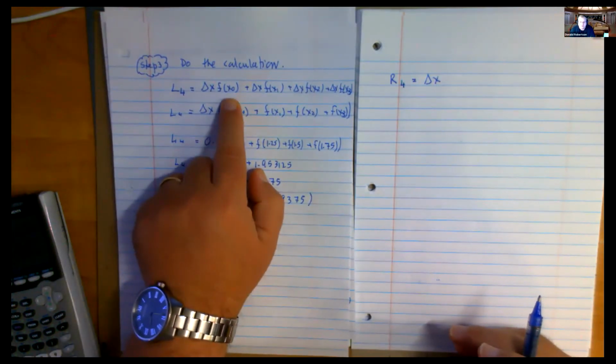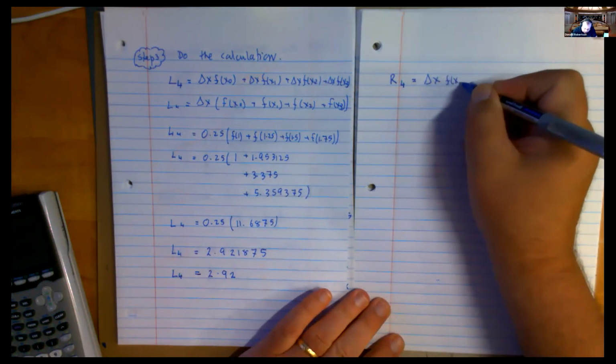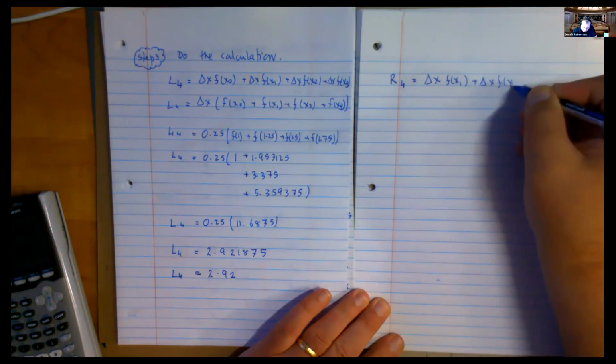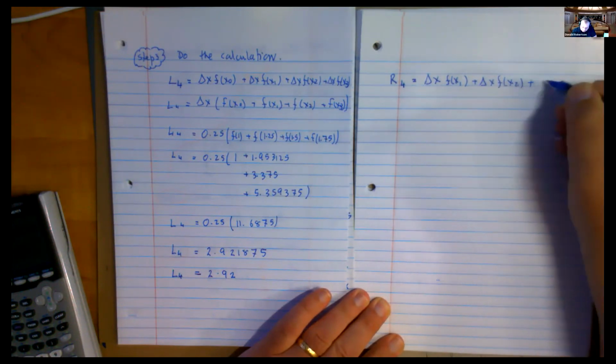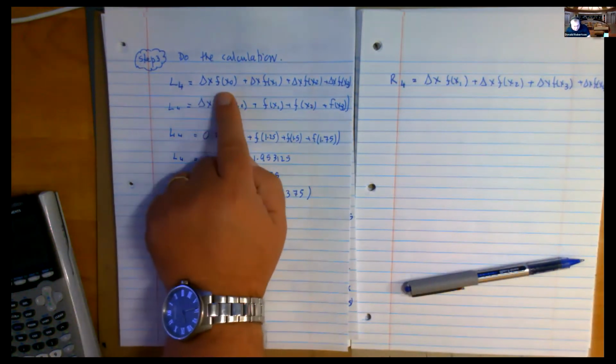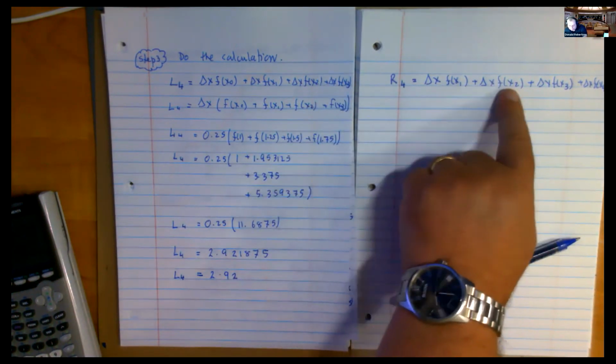So this formula here is not quite the same. You start at 1, and you do the second rectangle would be this guy. The third rectangle would be this guy. And the last rectangle would be that guy. Do you see in this case you use 0, 1, 2, and 3, and in this case you use 1, 2, 3, and 4.